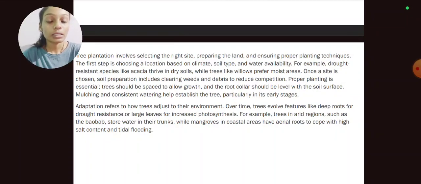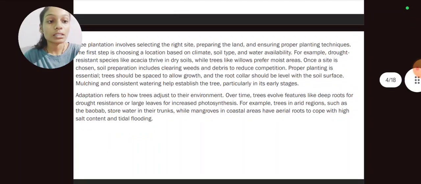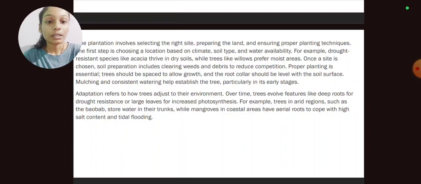Proper planting is essential. Trees should be spaced to allow growth, and the root collar should be level with the soil surface. Mulching and consistent watering help establish the tree, particularly in its early stages. Adaptation refers to how trees adjust to their environment.